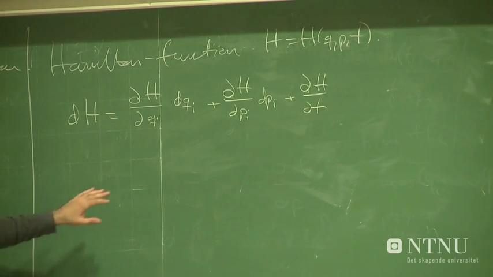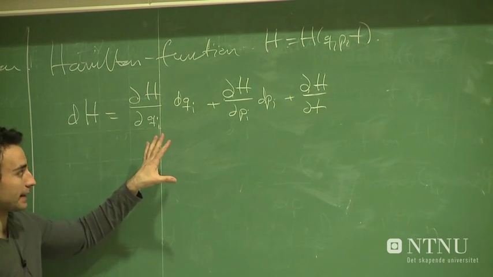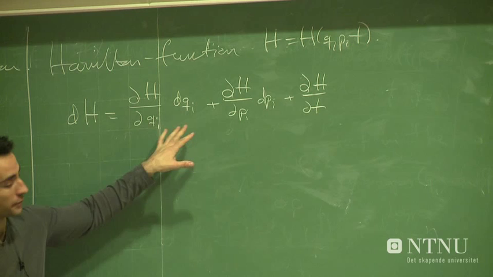And note that we're here using the sum convention with repeated indices. So we have implicitly here a sum over i for these terms.